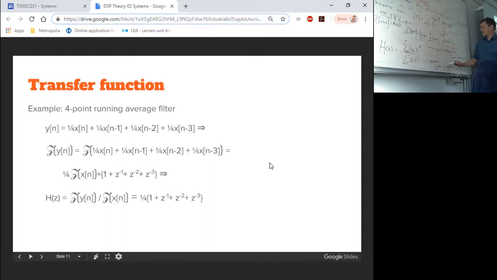Same here. So we have 1/4 times z to the power of 0 plus z to the power of -1 plus z to the -2 plus z to the -3. So the transfer function is exactly that one. Yes, it is.